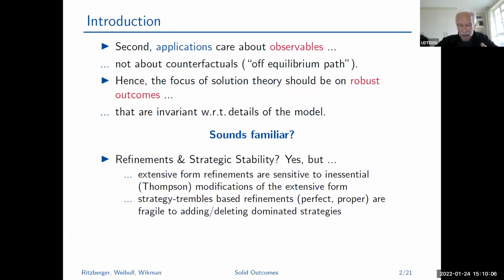So Thompson transformations are like, in a simultaneous move game between two players, turn around the order in which the players move, right? Make player 2 move first and then player 1. That's one of them, interchanging simultaneous moves.